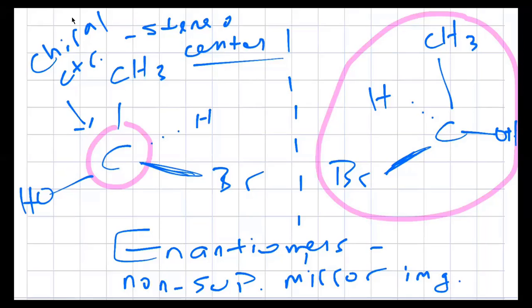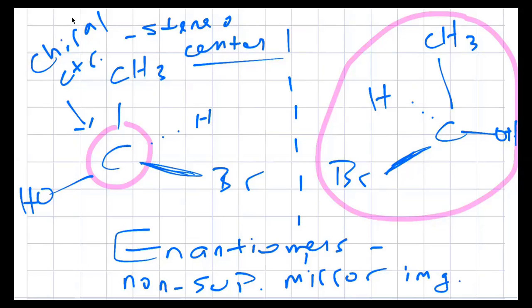So one of the things about chirality that I didn't mention a second ago, but I'll mention it now, is, let me back up. The enantiomers, the relationship between them is that they're non-superimposable mirror images. What we call those as a generic term are stereoisomers, right?